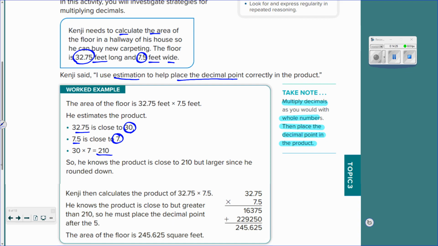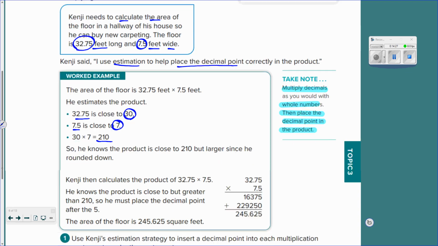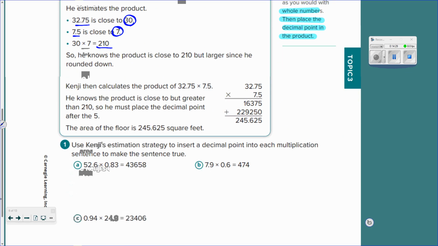Okay. He then uses a calculator, and he finds out if I multiply 3,275 by 75, I get 245,625. What he knows his answer should be is 210. So now all he has to do is put his decimal place. If you put the decimal place after the 2, is 2 close to 210?